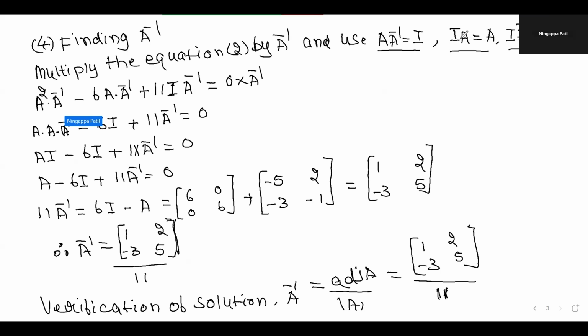These are multiplications with the identity matrix. Then A square A inverse minus 6A A inverse plus L1 I A inverse equals 0 into A inverse.